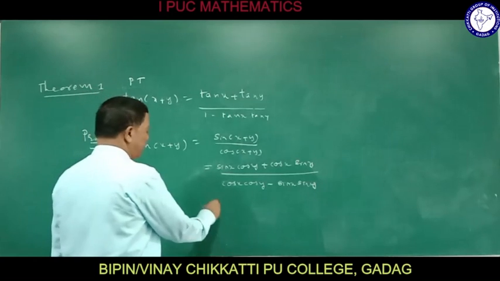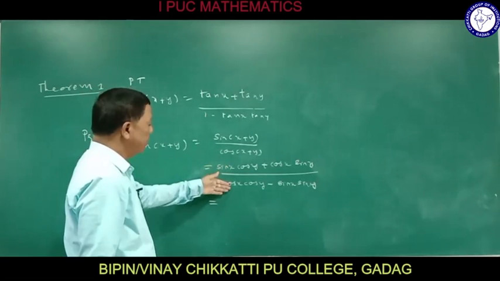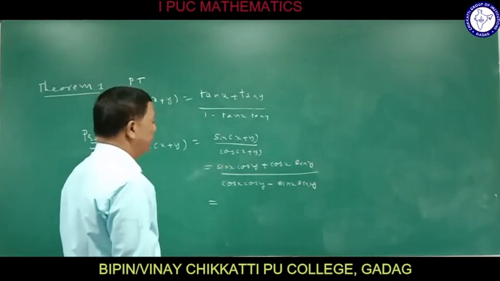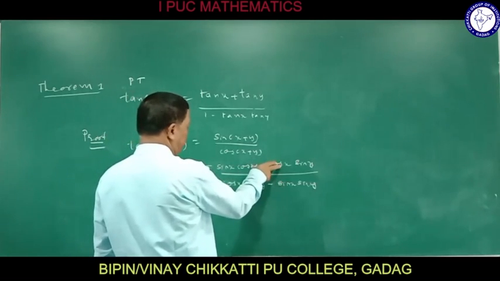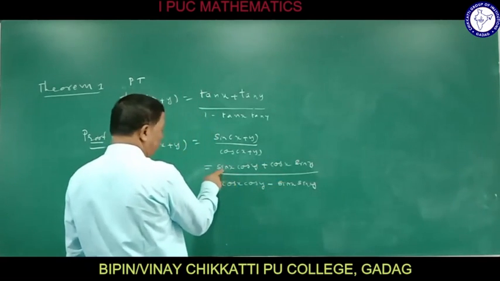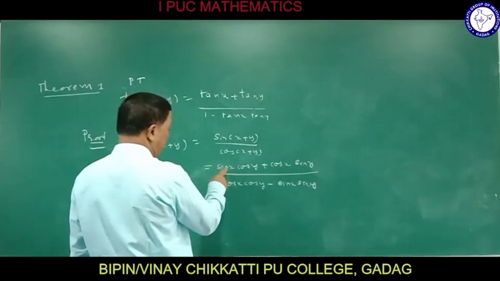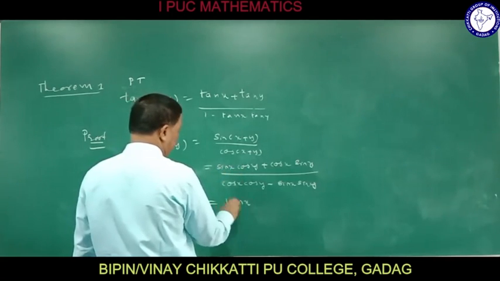And try to understand that the denominator is 1. So the numerator and denominator are divided by cos x cos y. This is the numerator and this is the denominator. This is divided by cos x cos y, and this is also divided by cos x cos y. When you divide by cos x cos y, cos y cancels. Sin x by cos x we get, that is tan x.